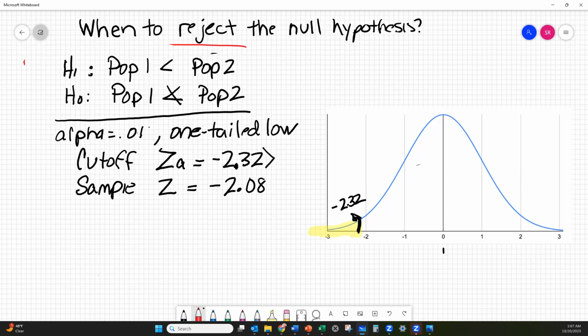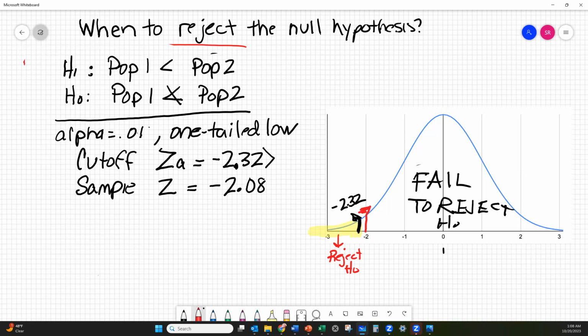Here in the tail of the distribution, we have the reject region. And the rest of the distribution is all the fail to reject H0. And we find now that our sample Z-score is not as extreme as our cutoff point.